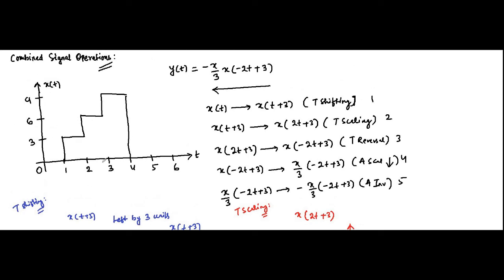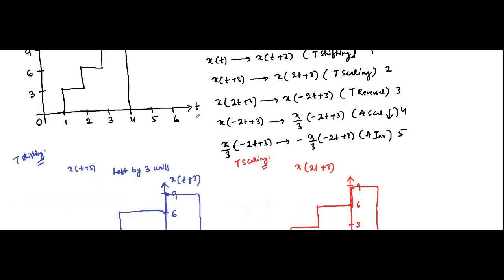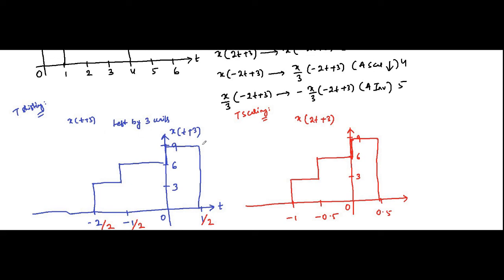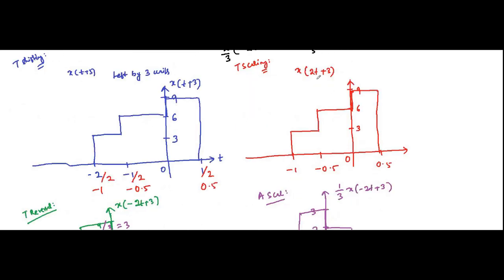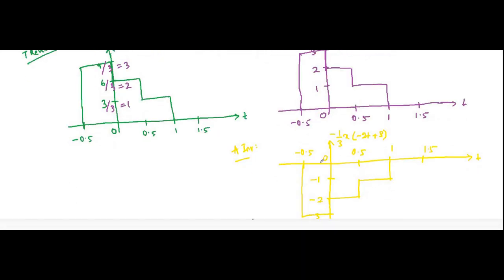So this original signal passed through these 5 stages, 5 individual signal operations. First, time shifting, shifting the signal to the left by 3 units, then time scaling, where the time values get divided by 2 because of 2t, then time reversal, mirror image along the time axis, then amplitude scaling, scaling it down by a factor 1 by 3, then amplitude inversion, forming the mirror image along the amplitude axis.